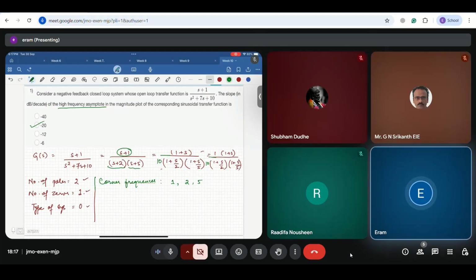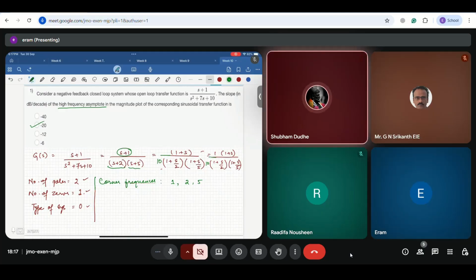I think in the previous assignment I have solved this type of question, so you can go through it, because directly I cannot give you the answer. So please refer to the previous session. I have told you how to find the slope in dB per octave, right? In that you have to just scale the frequency by 2 times, and then check what slope you are getting.